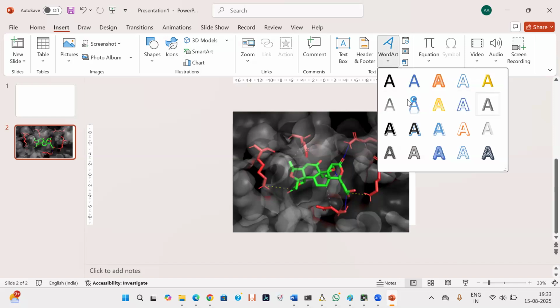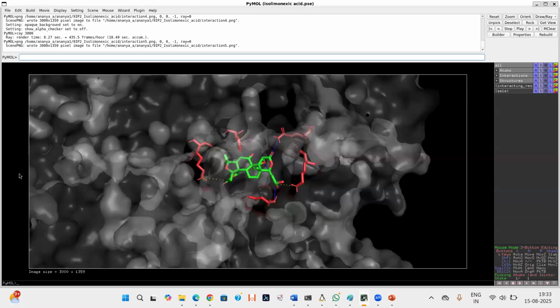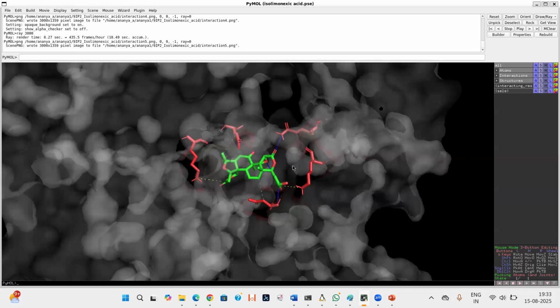I think I'll add a normal black color one and you can convert that into white. Okay. Type the ligand name, residue name. Find the residue names.